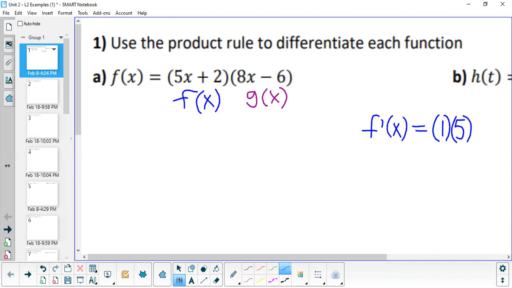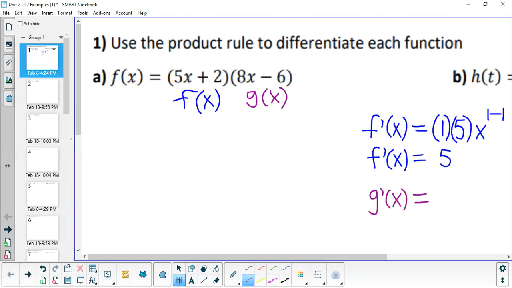Multiply that by 5, subtract 1 from my x to the power of 1, and that's how I get that f prime of x is equal to 5. I will be using that in the product rule, purposely starting off very simple because we are going to get quite complicated as we move through our examples in this course.